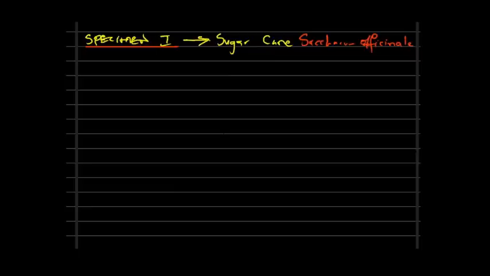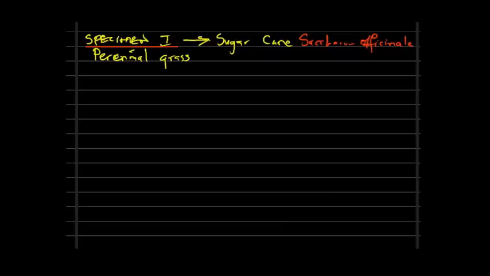So it is a perennial grass. This particular plant, the sugarcane, is a perennial grass. Yes, it has a very long lifespan.